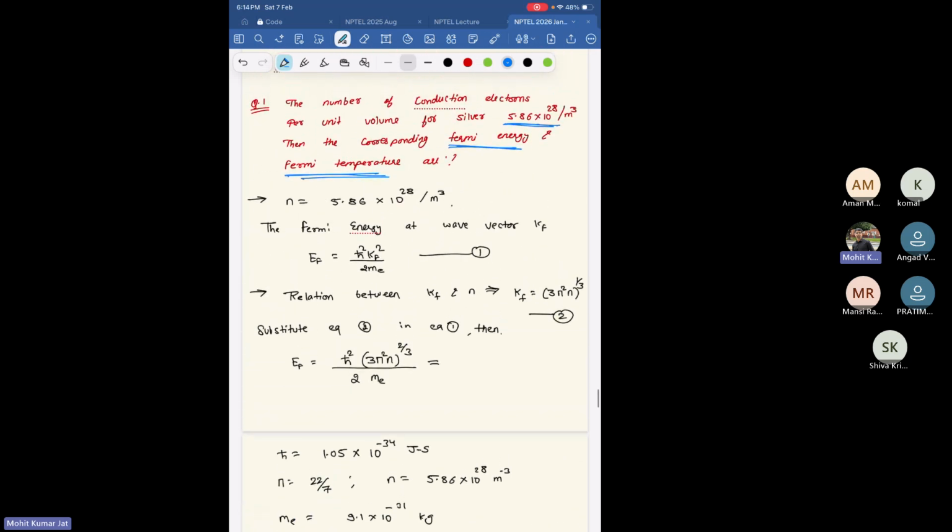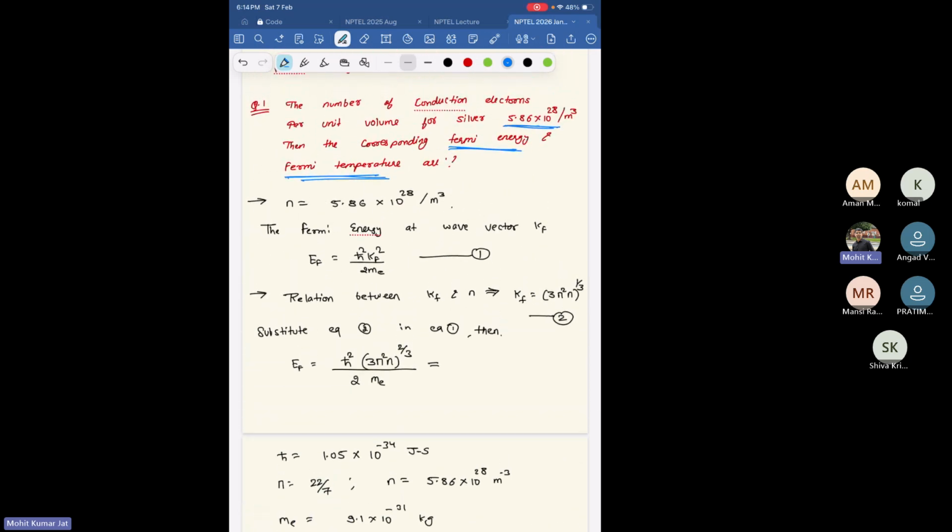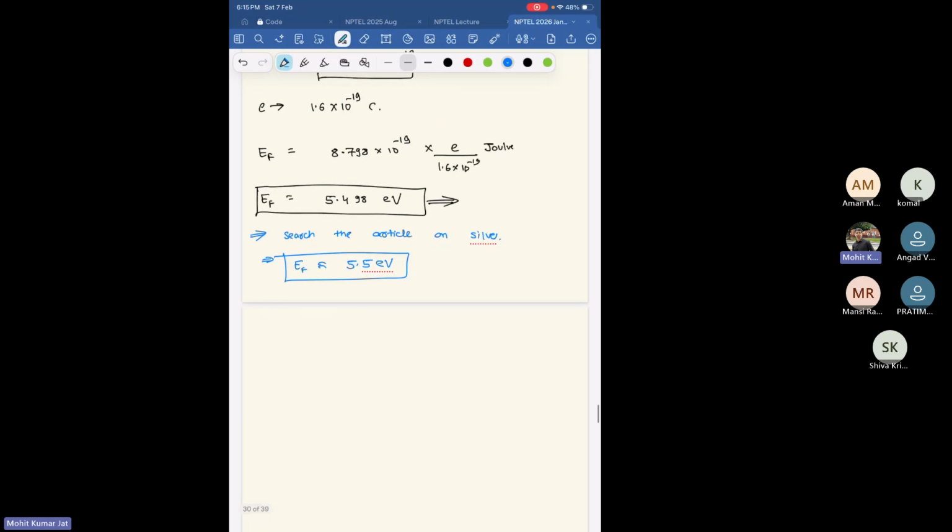And in metals we know that electrons are almost free, so that's why we take m equals the free electron mass. If they are bound, as in semiconductors, then we take the effective mass that would be given in the question. Whatever we extracted just from the carrier density, the energy matches very precisely with the real number for silver.